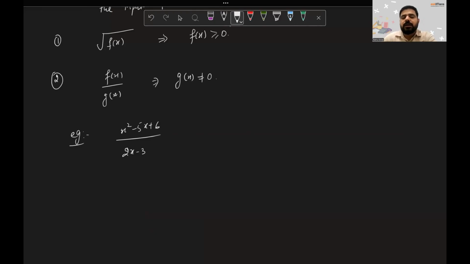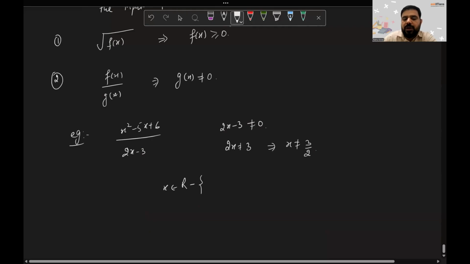If we want all the feasible values of x, then we have to look for a value which doesn't make the denominator 0. Means 2x can't be 3, or x can't be equal to 3 by 2. So x can be anything from the set of real numbers, but x can't be 3 by 2. So x belongs to the set of all reals, but 3 by 2 will be removed from it, because 3 by 2 is making it 0.